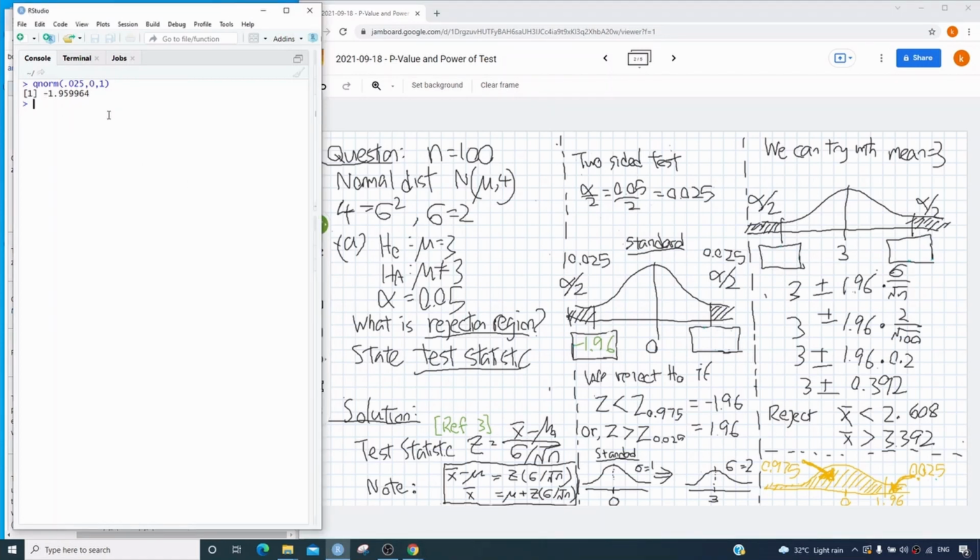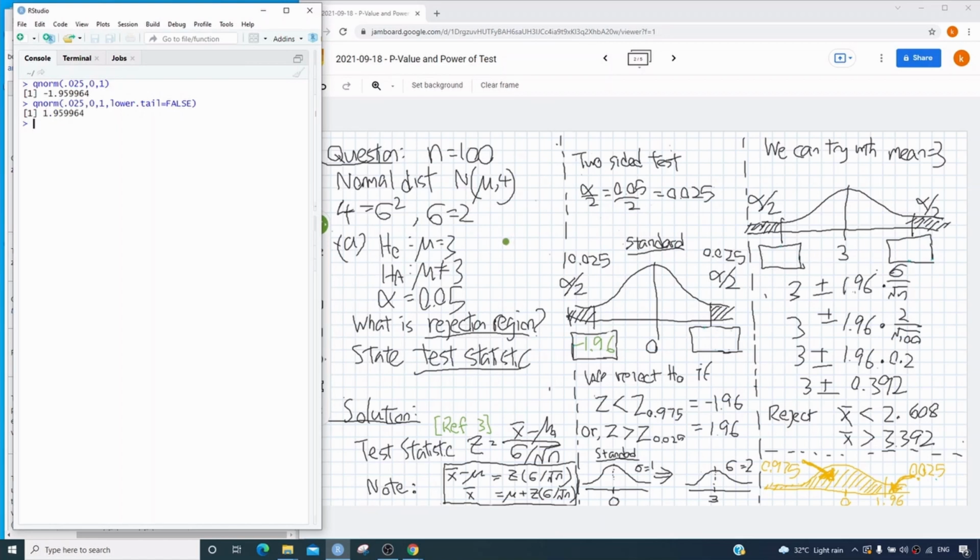For the other side, we will use qnorm 0.025, mean 0, standard deviation 1, and I will use lower.tail equals FALSE. When I use lower.tail equals FALSE, I'm referring to the critical values.